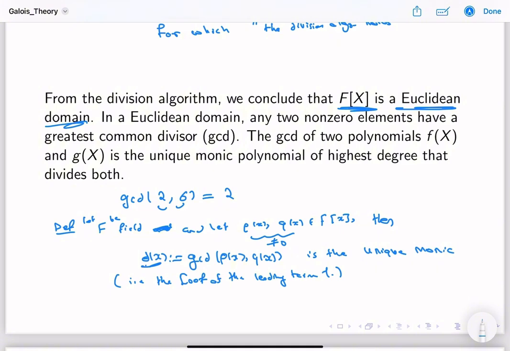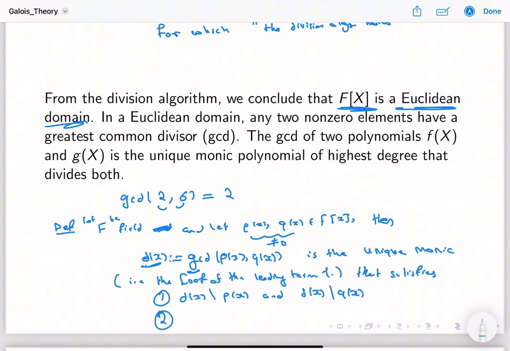So it's the unique monic polynomial that satisfies two properties. First of all, d of x divides P of x, and d of x divides Q of x. Okay, so it's a common divisor. However, there's a "greatest" here.